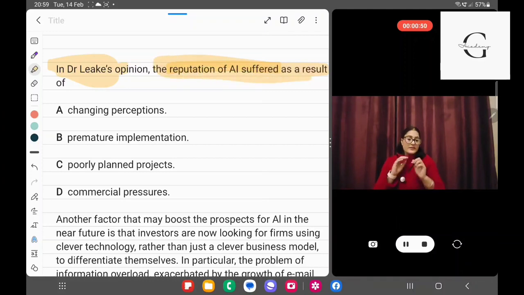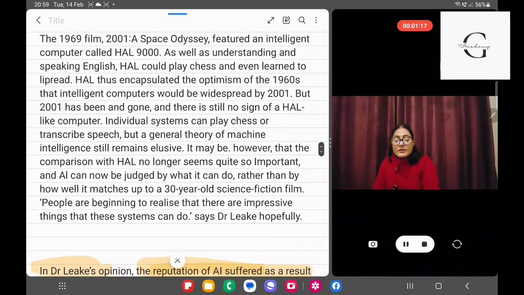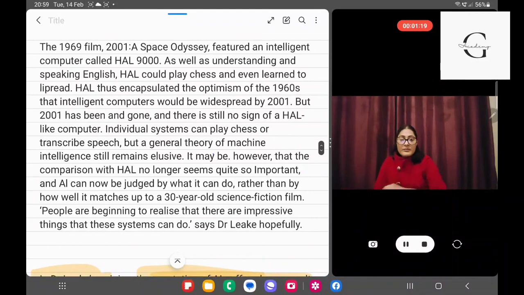If I understand my question in depth, it means this is Dr. Lake's opinion, and the reputation of AI suffered as a result of. It means the AI reputation was not as good. Suffering means something negative. As a result of what? Let's see the options. Let's have a look at the paragraph.